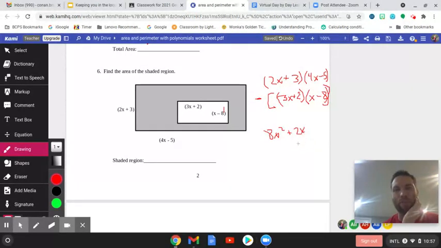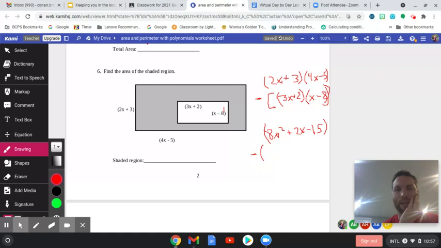I don't want you to write out the way I'm doing. If you do these enough, you can do them in your head. If you have not done them enough, I don't want you to try them in your head. And I especially don't want you to try them in your head for the test. And then 3 times -5 is -15. So this is your first polynomial. This is a trinomial. And we're going to subtract the second.